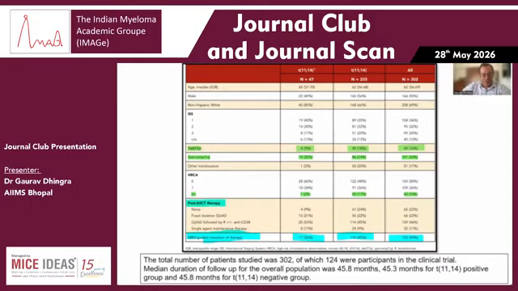Coming to post-transplant therapy, therapy was stopped in 24% of patients in the translocation 11-14 negative group, as probably more patients achieved MRD negative status, and maintenance therapy was used more in the translocation 11-14 positive group. So MRD-guided cessation of therapy was seen more in the translocation 11-14 negative group versus the positive group, 45% versus 36%.